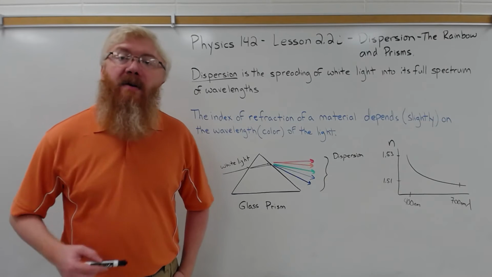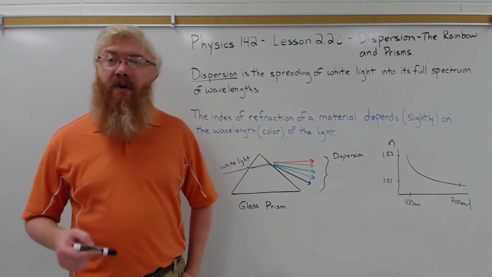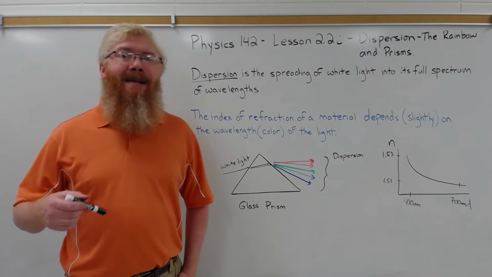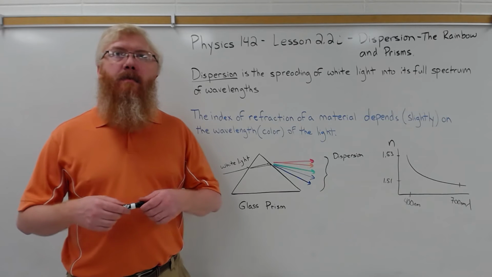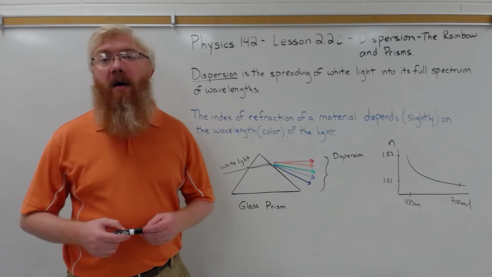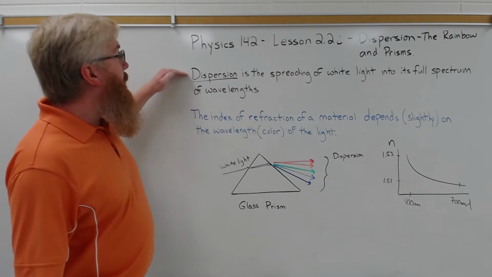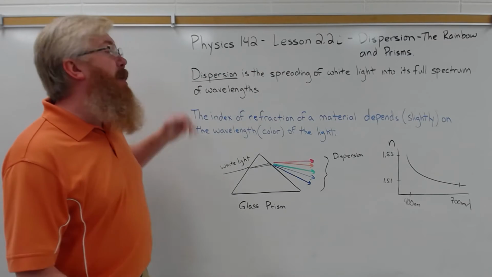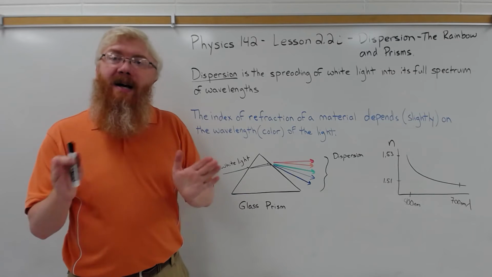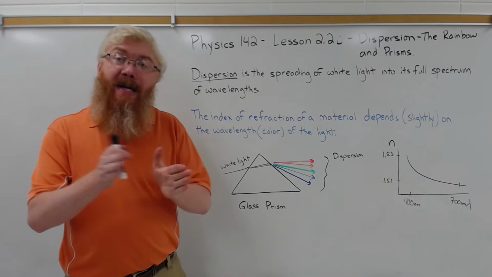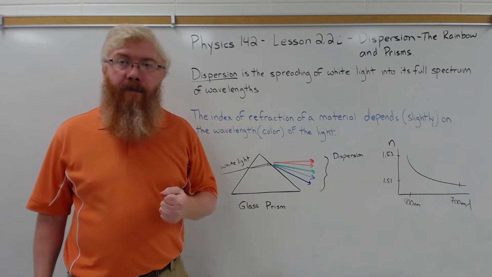Now, the bending of light as it travels through different mediums of different index of refractions is not completely independent of the wavelength of that light. So you can get what's called dispersion. Dispersion is when different colors bend in different degrees as they move through a medium.